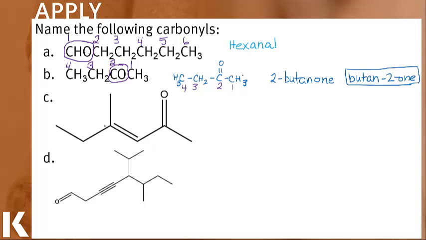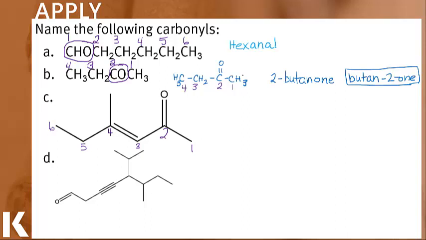For our third one, we see our carbonyl carbon very clearly in the picture. And I want that to be on the lowest numbered carbon. So I'm going to number this 1, 2, 3, 4, 5, and 6. This tells me that this is a hex.